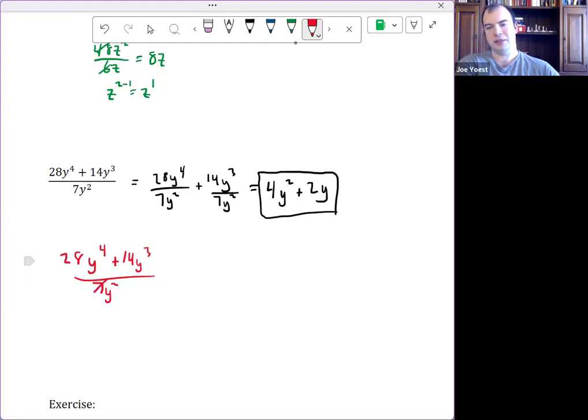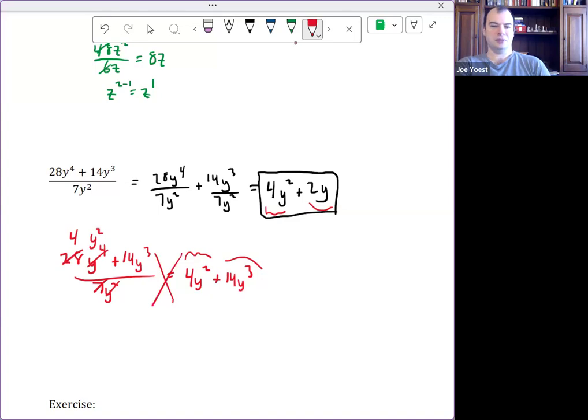They might divide the 7 into the 28 and get 4, and divide 2 factors of y into the y to the fourth and get y squared. And they might get something like 4y squared plus 14y cubed. And kind of coincidentally, our first term ends up correct, but our second term is not correct.